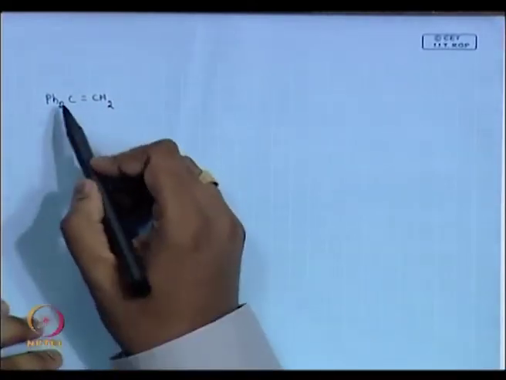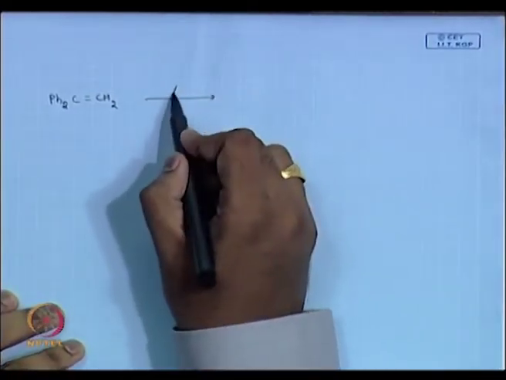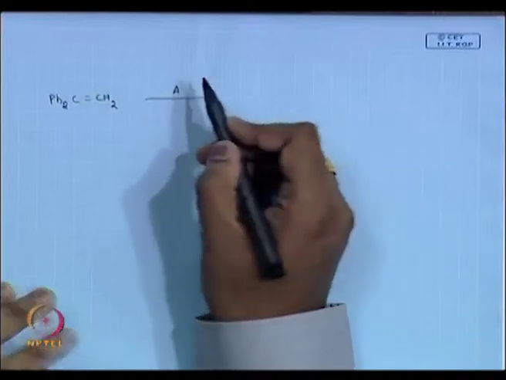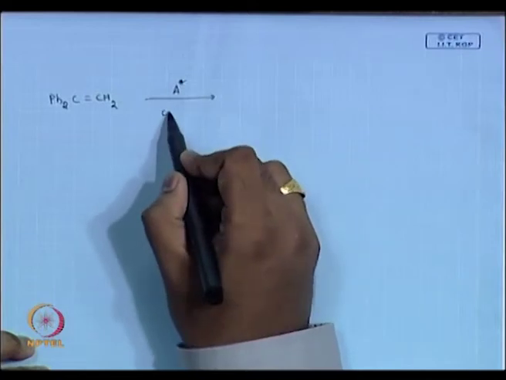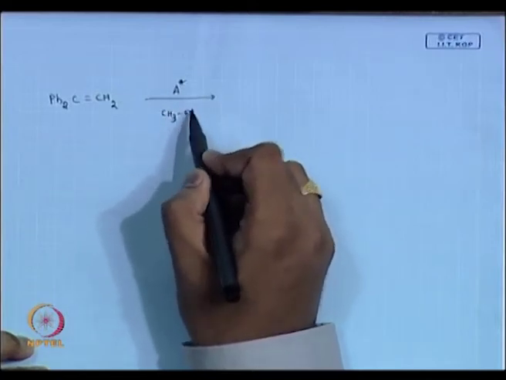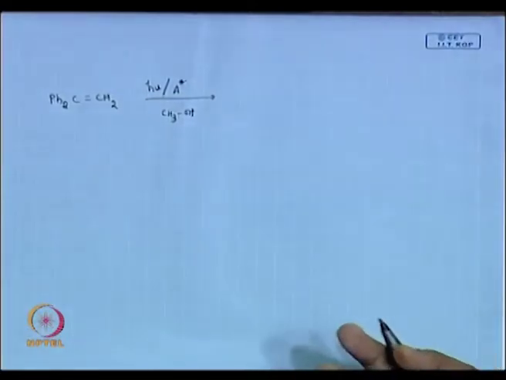Phenyl. Okay. See, if I do this chemistry in the presence of an acceptor, in methanol, your acceptor can be 9-cyanoanthracene or whatever it is.